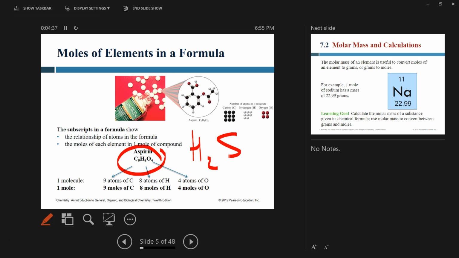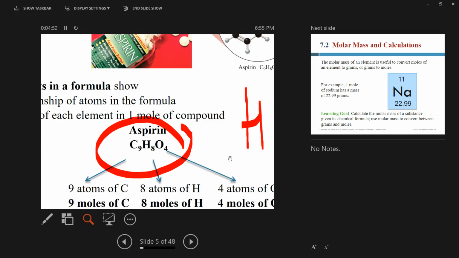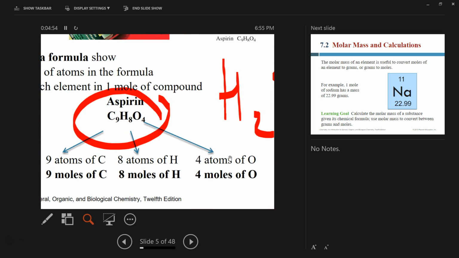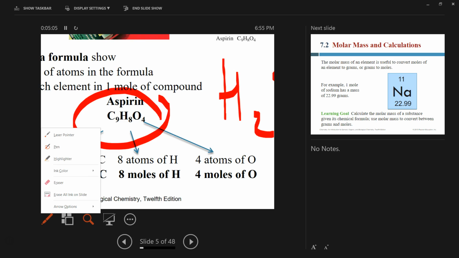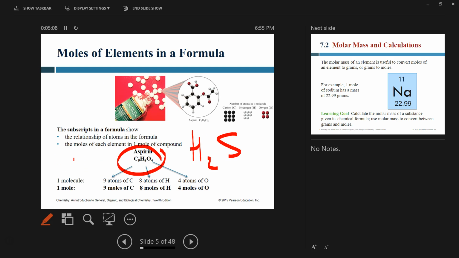What these subscripts mean is how many atoms of each individual element are in the particular molecule. So in this example, a molecule of aspirin has 9 atoms of carbon, 8 atoms of hydrogen, and 4 atoms of oxygen. Does that make sense?